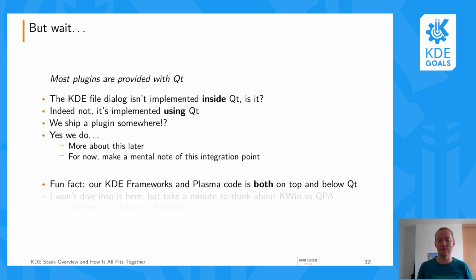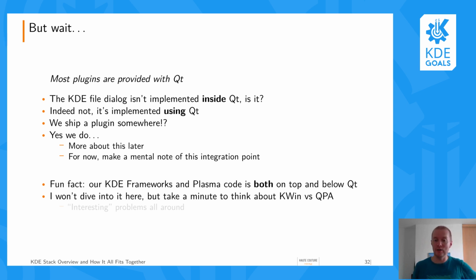So we have that kind of little challenge. So I won't dive into it for that particular training. That would be an interesting topic as well. But think for a minute about KWin, which is implemented using Qt and QPA, because KWin, right, uses Qt. Qt tries to connect to a Wayland compositor, and KWin is also the Wayland compositor, right? So that creates interesting problems.